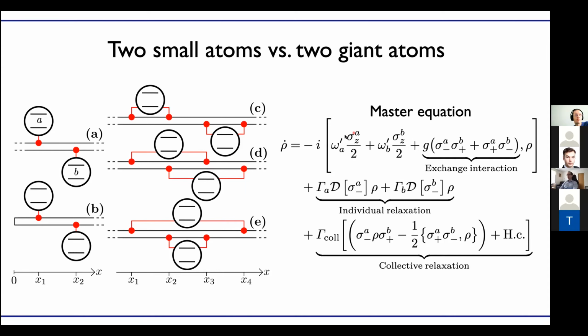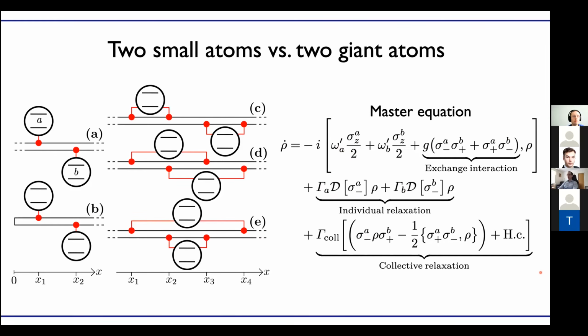You have the bare atoms with the renormalized frequencies, and they have some exchange interaction mediated by the transmission line. Then they have individual relaxation into the transmission line, and also a collective relaxation term. So what differs between these different setups is the coefficients in front of these terms.